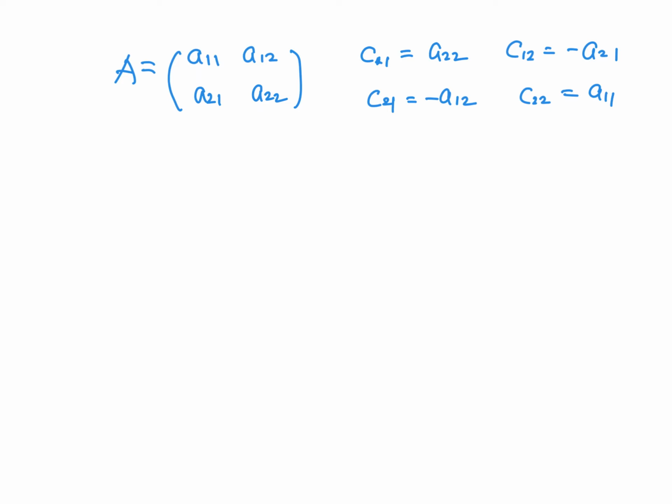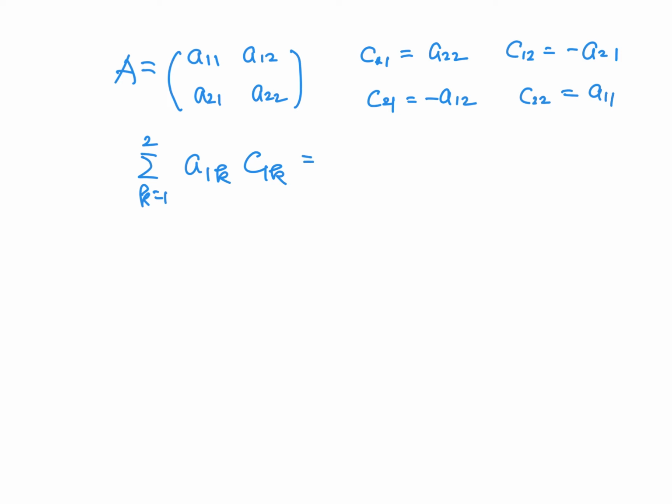Let's make some simple summations. Sum for k equal to 1 to 2 of A_1k C_1k. What happens? Just two terms, right?